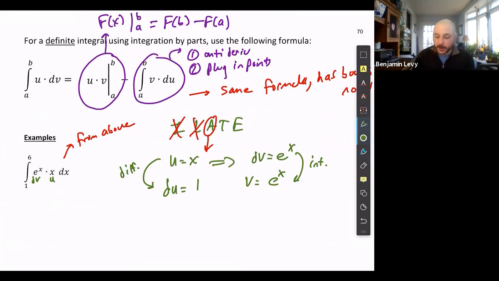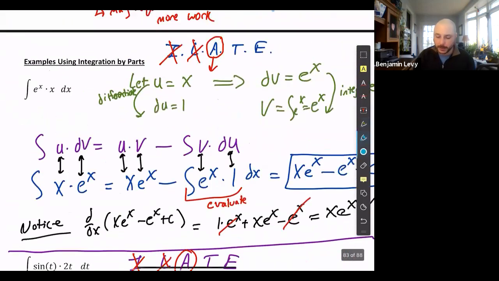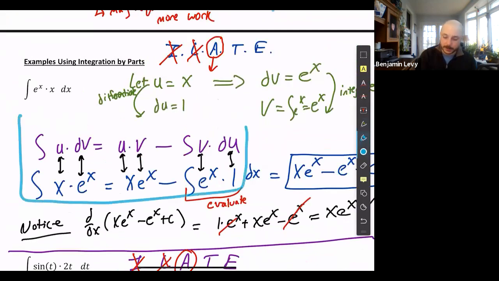Okay, and then we just write down uv minus the integral of v du, but now we have the bounds, right? So I'm just going to slide up here and show you where I'm copying this from. I'm going to copy that exact same thing, except now it's going to have the numbers 1 and 6 associated with it.